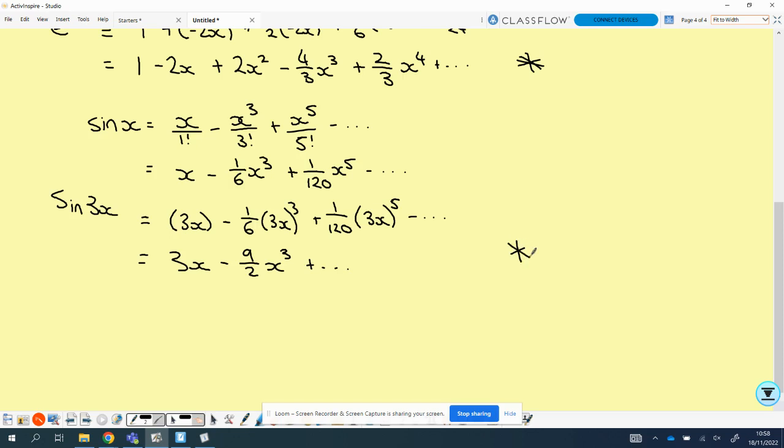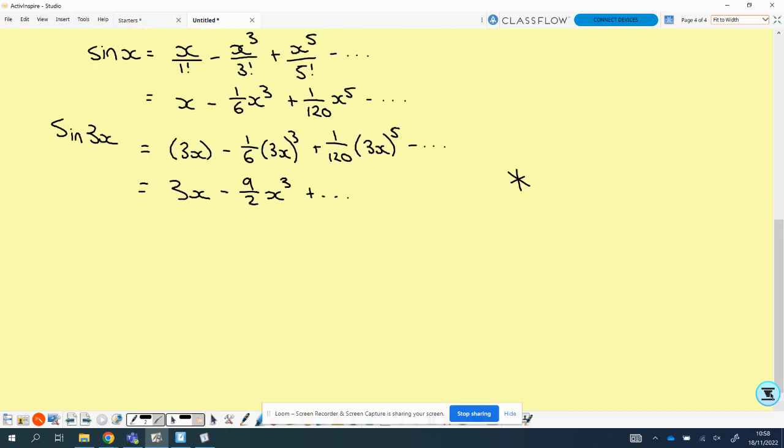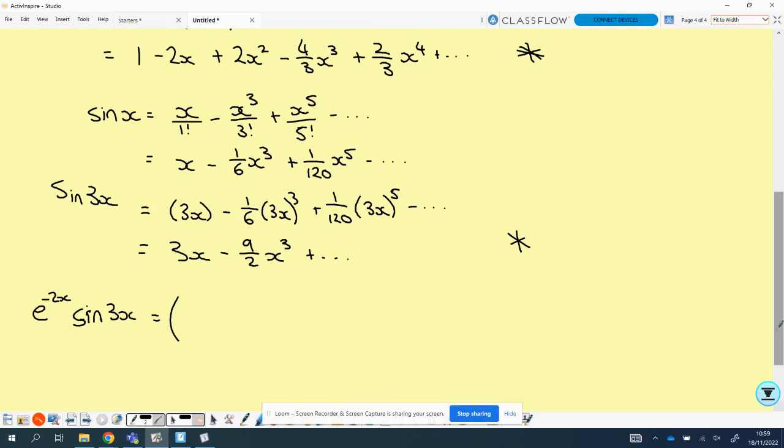I'm going to start this one too. So, if I want to do an expansion for e to the negative 2x times sine 3x, I get my expansion for e to the negative 2x, so that's going to be in my first bracket. Again, I'm going to have to include all these terms because it's all up to x to the power 4. 1 minus 2x plus 2x squared minus 4 over 3 x cubed plus 2 over 3 x to the power 4.